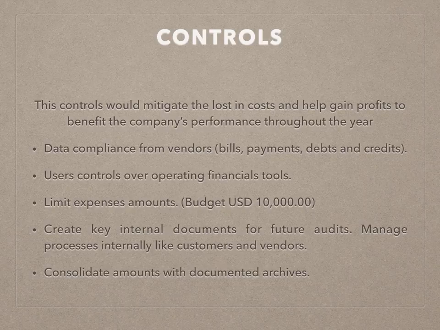First, data compliances from vendors, which means understanding the documents between the bills, the payments, and debts and credits between our vendors and our company. Then we have user controls over operating financial tools. This will help limit the access of people within the company to input or take information from the tools we have within the company.